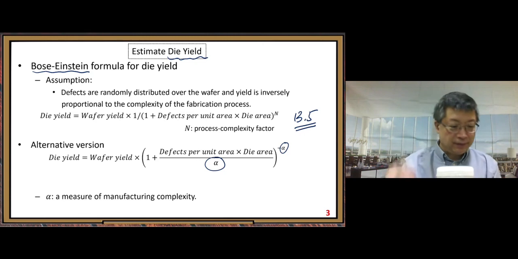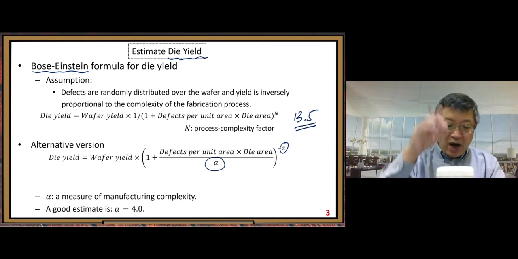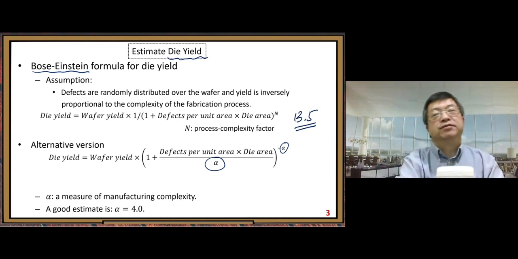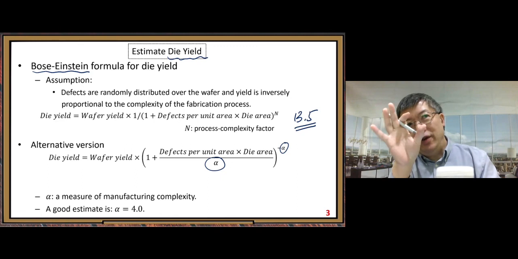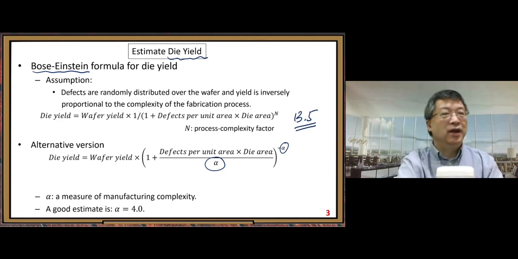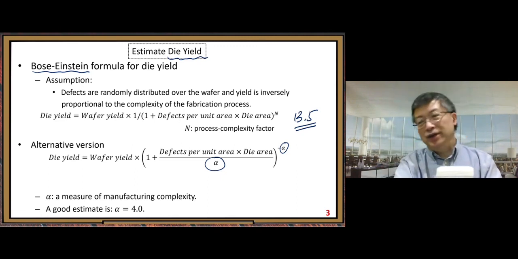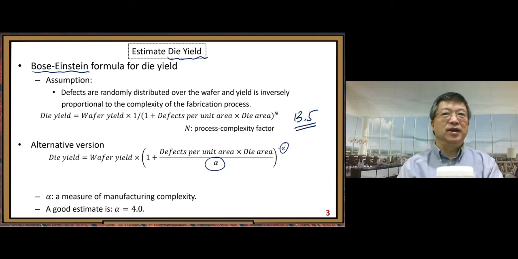And a good estimate is alpha equals 4.0. You put 4 there, so you get a pretty good estimate.